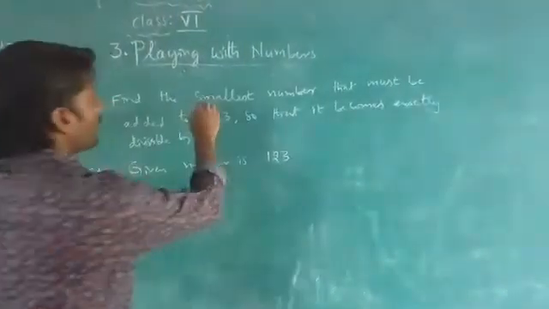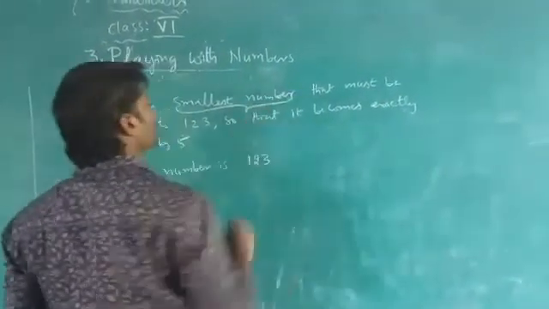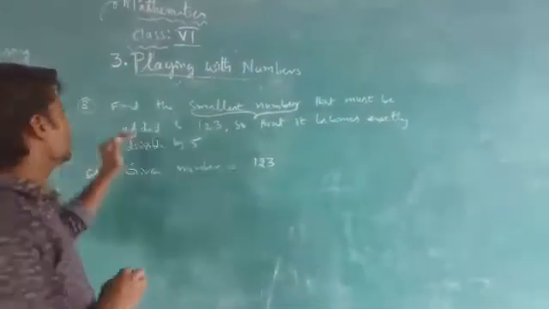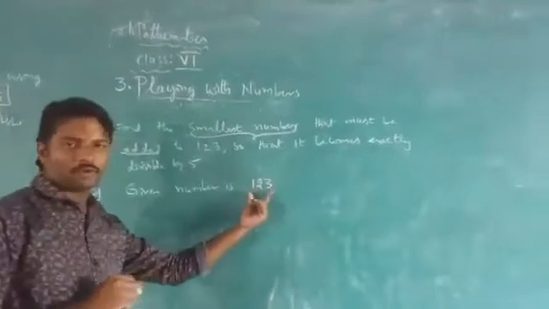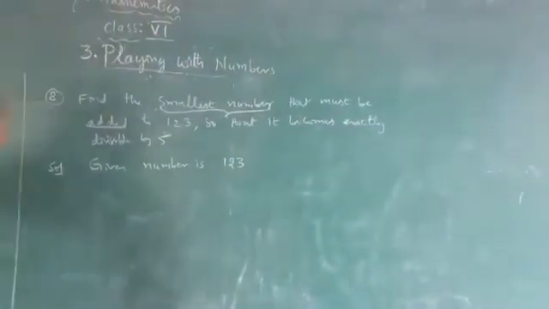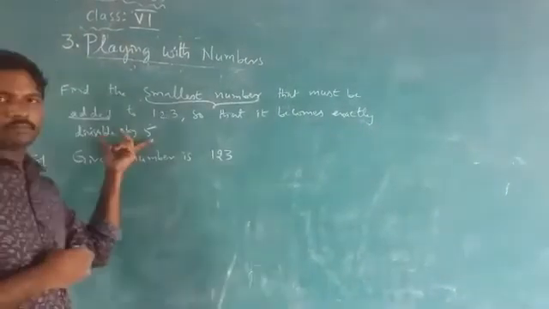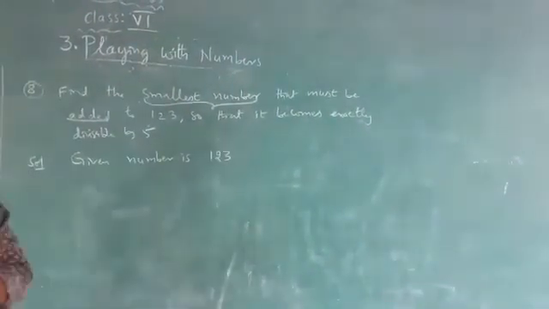Now we have to take a smallest number. Smallest number means starts from 1 to 9 or 0 to 9. Anything added to this number 123. If I add that number, what we have to get is that it is divisible by 5. Can you say how a number is divisible by 5?